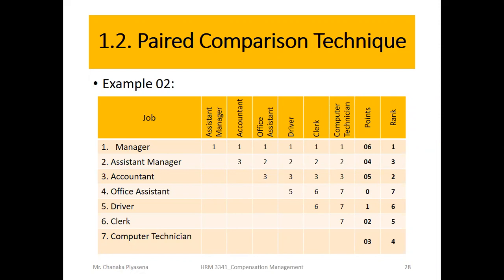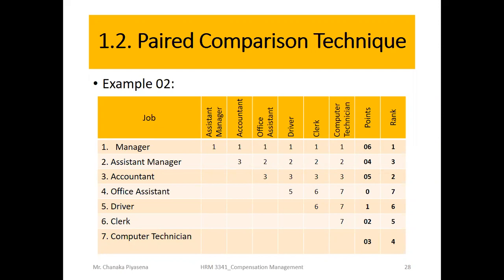The job of accountant earns 0.5 points. Therefore, the next important job is the accountant, and the 0.4 points are earned by the job of assistant manager. Therefore, we can put rank number 3.